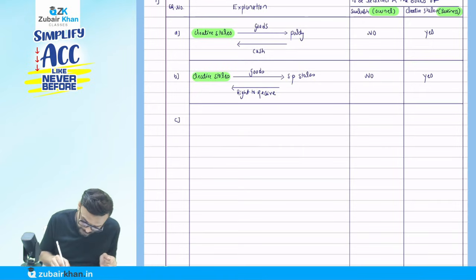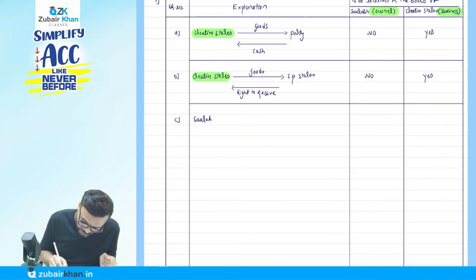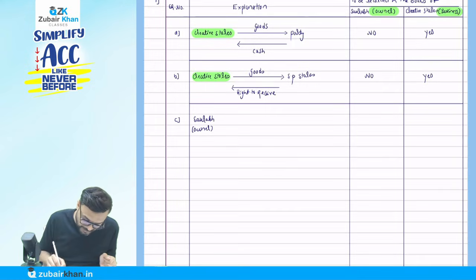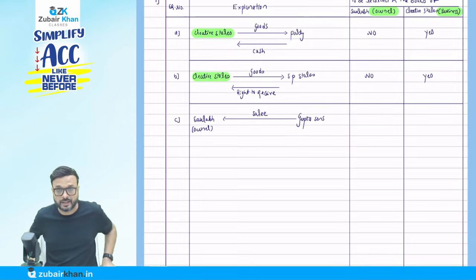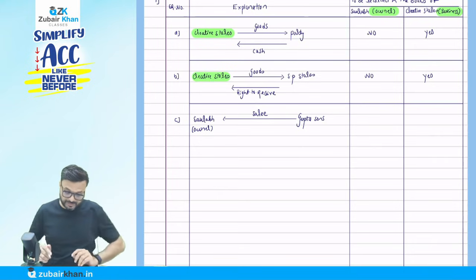So write down here Saurabh. Who is Saurabh? Owner of the business. So he is purchasing. See the arrow here. He is purchasing a sari from whom? From Gupta Sons. So he is purchasing the sari from Gupta Sons.